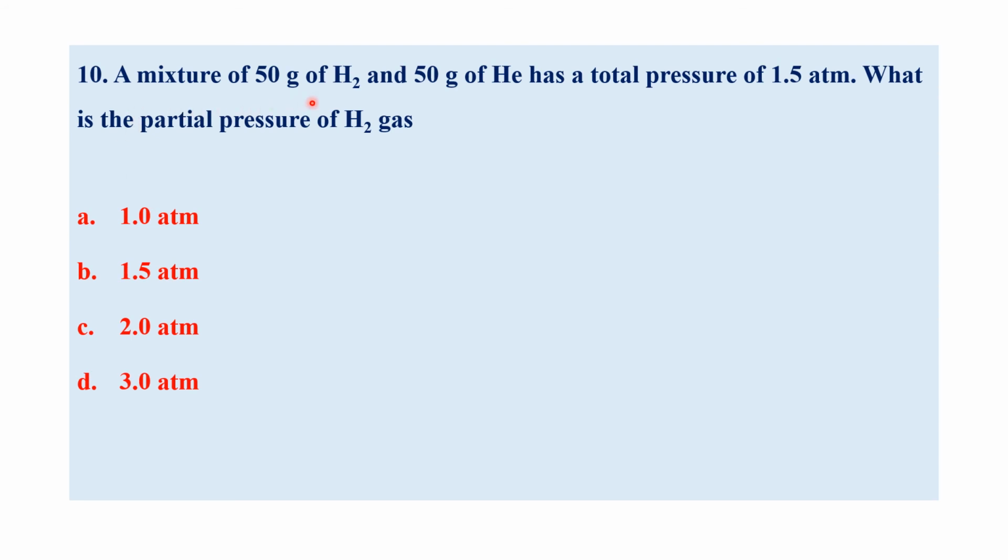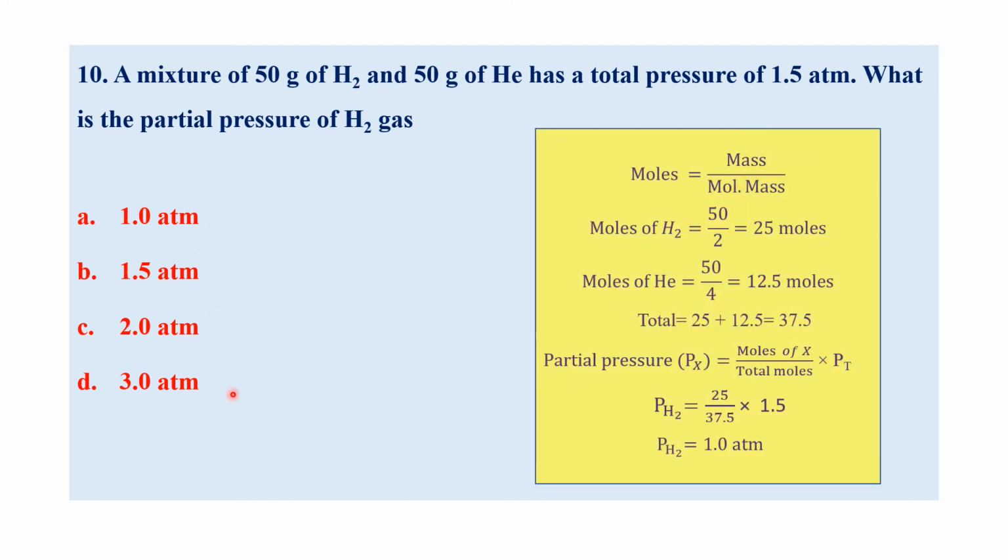A mixture of 50 gram of hydrogen and 50 gram of helium has the total pressure of 1.5 atmosphere. What is the partial pressure of hydrogen gas? The options are given, so we will solve it. First we will find their number of moles, then we will sum them. The mole formula is mass divided by molar mass.